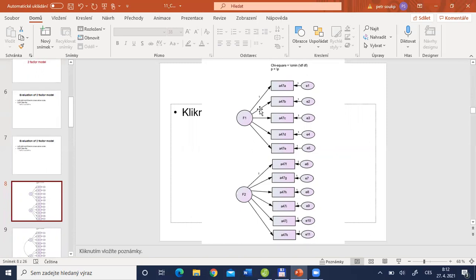And also what is forbidden is to estimate variances for endogenous variables. For these variables, we are estimating variances for their random errors. So for these parts we are estimating variances, for these parts, not.